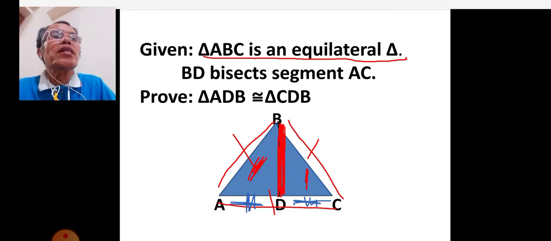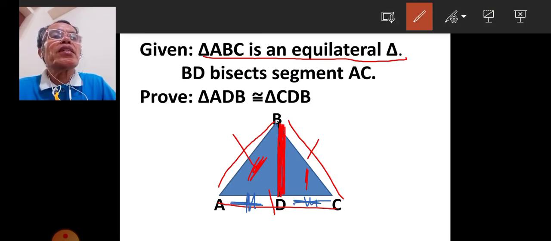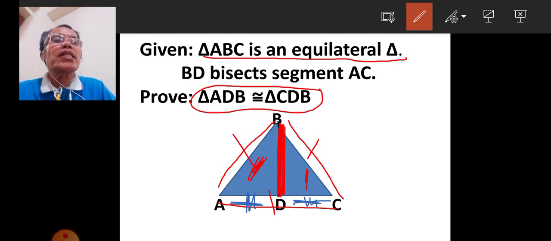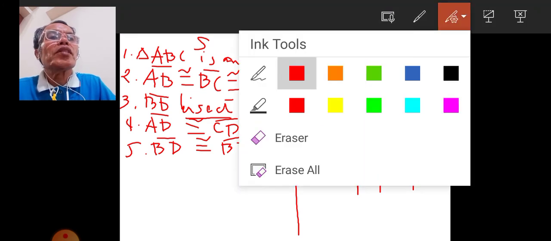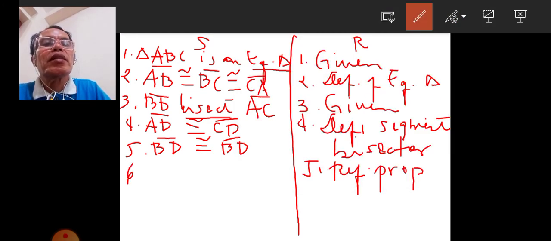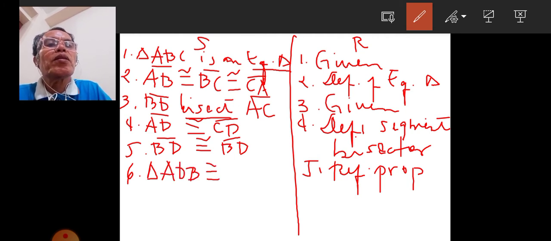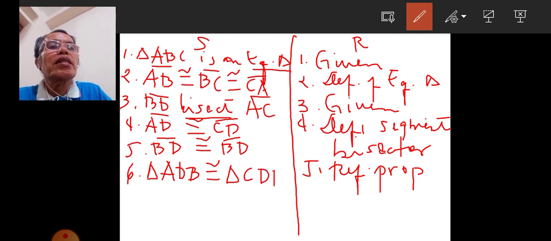So after reflexive property, the last statement must be the one that we are going to prove. And what is it? The statement is triangle ADB is congruent to triangle CDB. So number 6, triangle ADB must be congruent to triangle CDB. And what would be our reason?